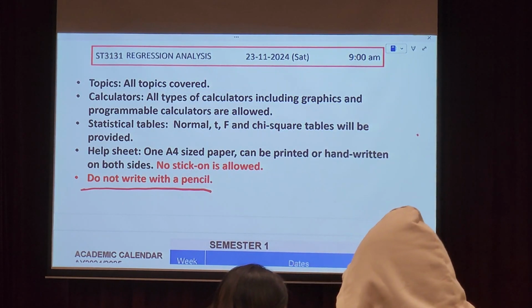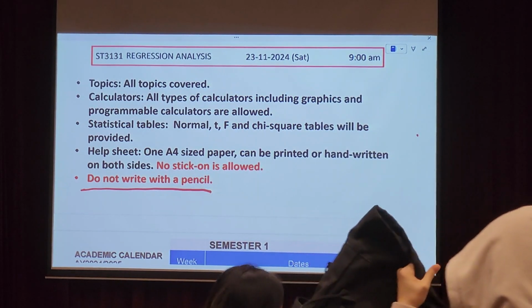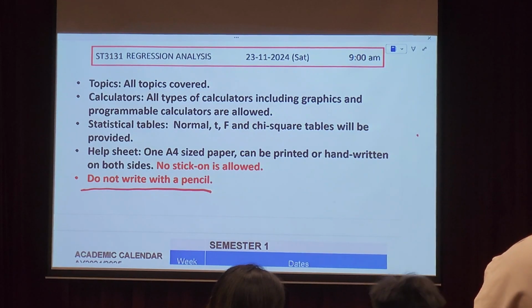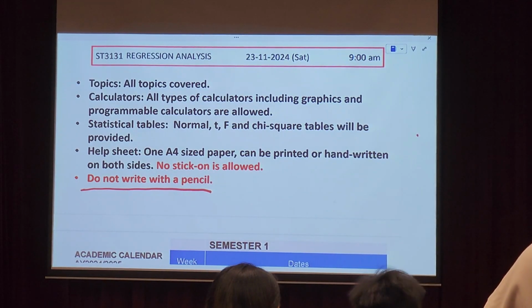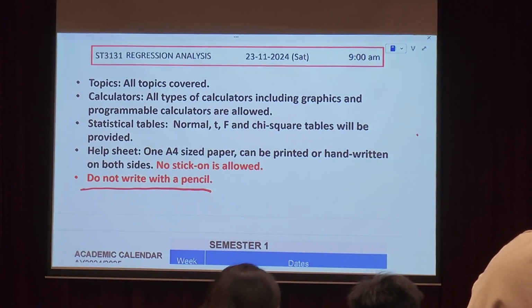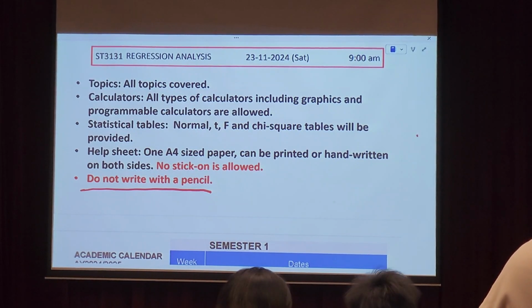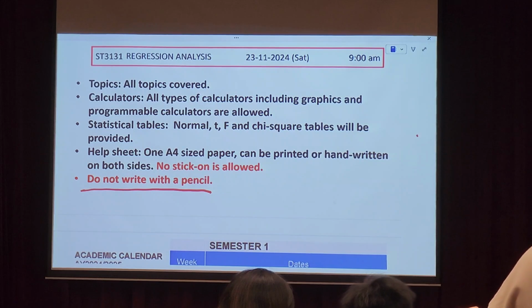Another thing is there will be 5 questions in the final exam. Most of it tests understanding of concepts. I don't think you need too many formulas, right? It's not a memory test. It's a test of understanding.